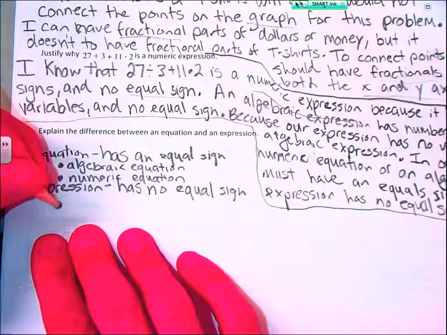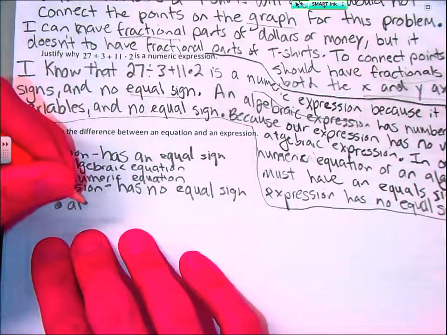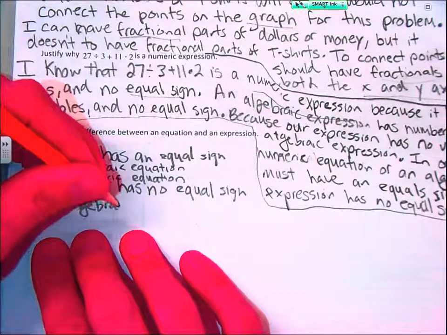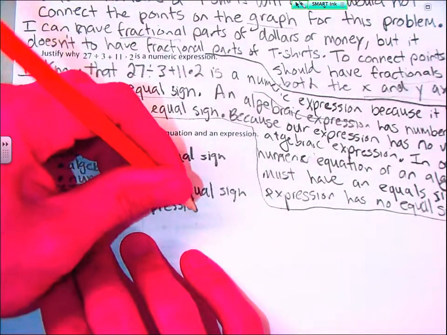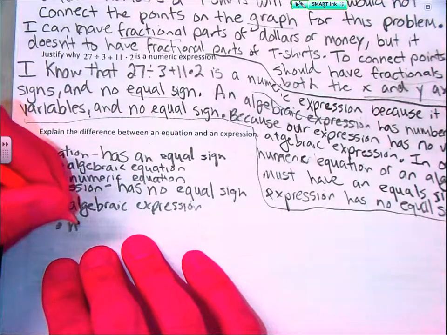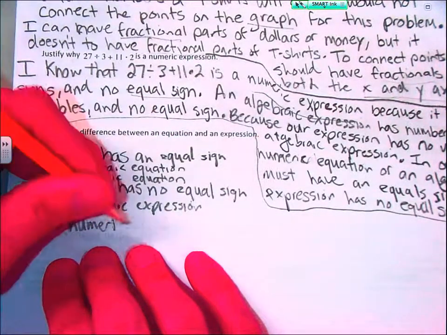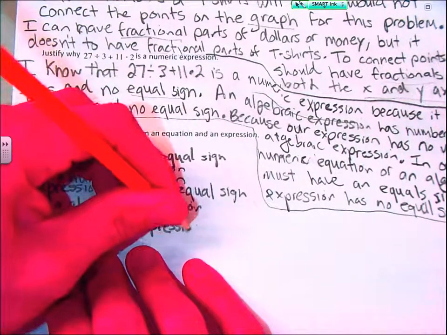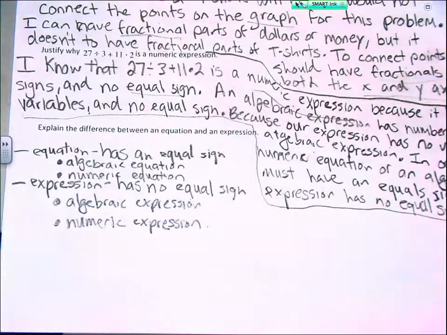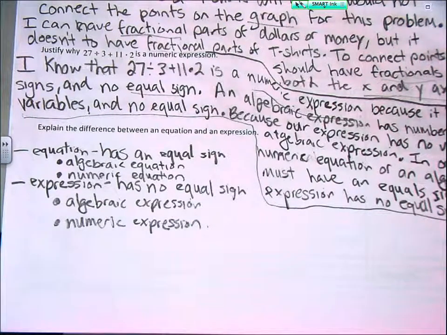Then I would explain there's two types of expressions: there's an algebraic expression and there is a numeric expression. Okay? And then I would go back over and see spots where I could add more.